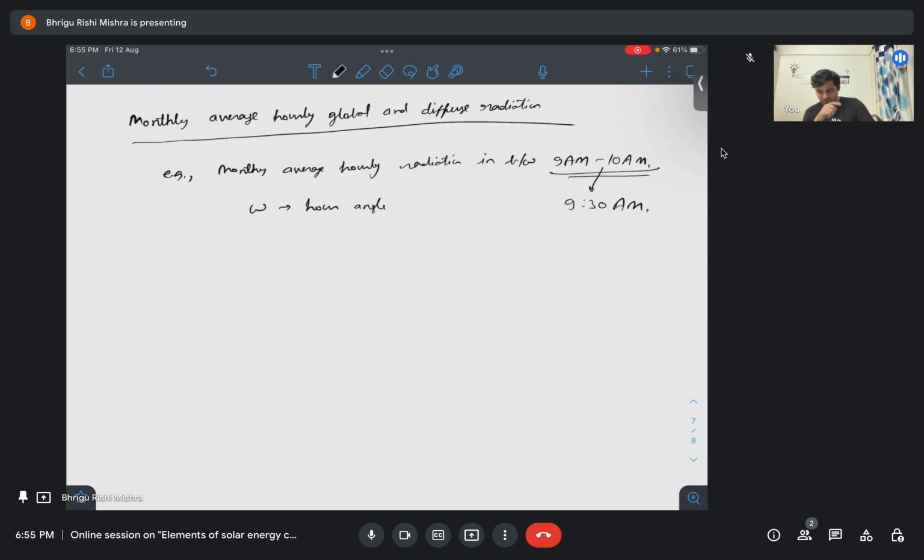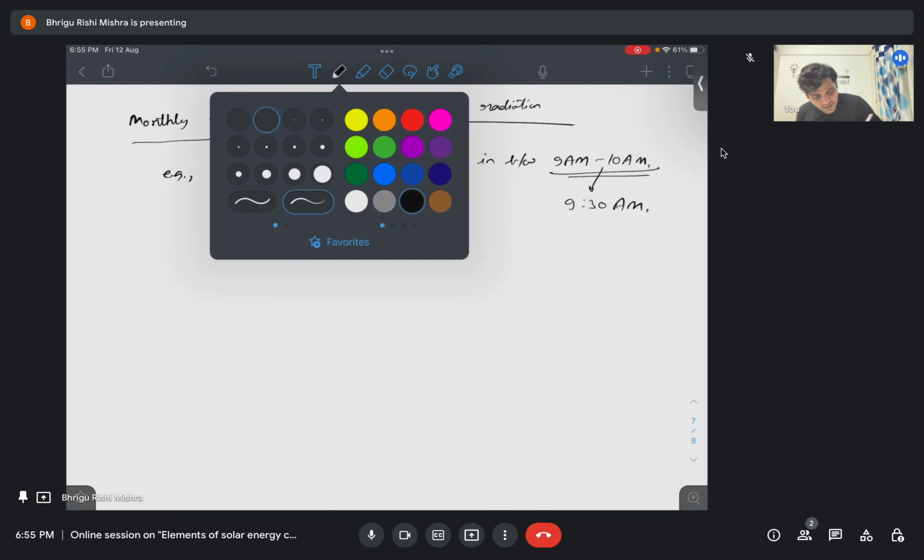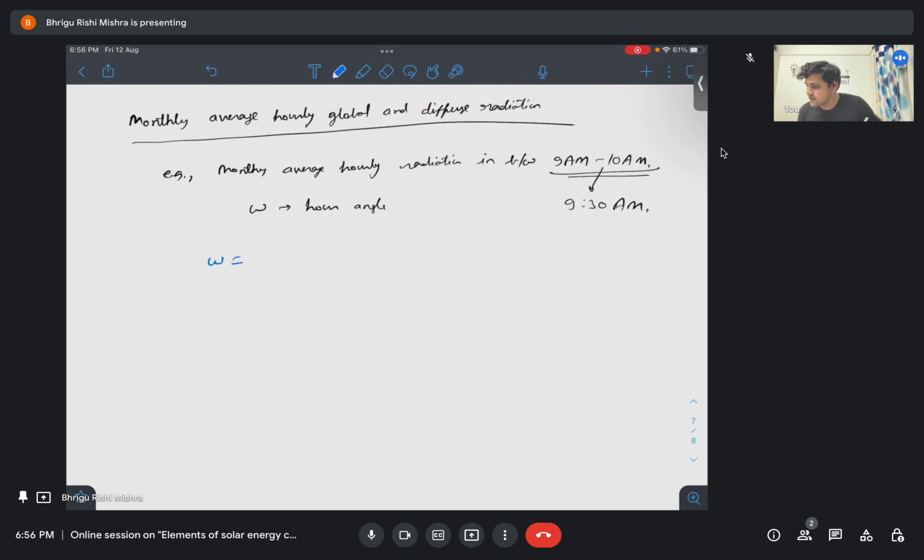Okay, so if you want to calculate the omega for this 9:30 a.m., omega can be calculated as omega equals 15 into (ST minus 12) hour. Here ST is the standard time in hours.